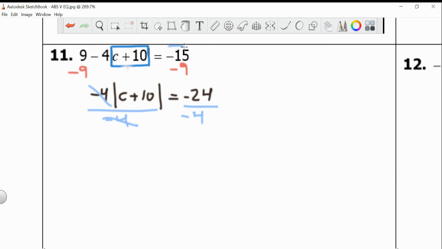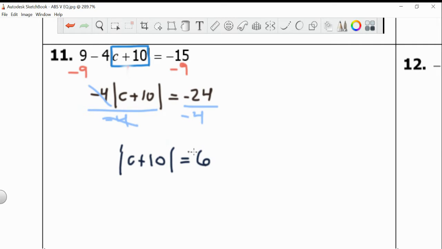And yet again, this -15, which might have scared us, ends up turning into a positive number, 6. So, absolute value of c plus 10 equals 6.